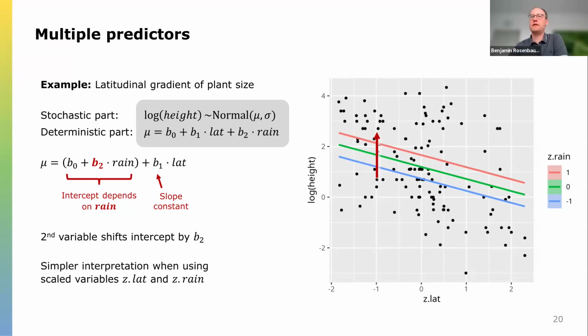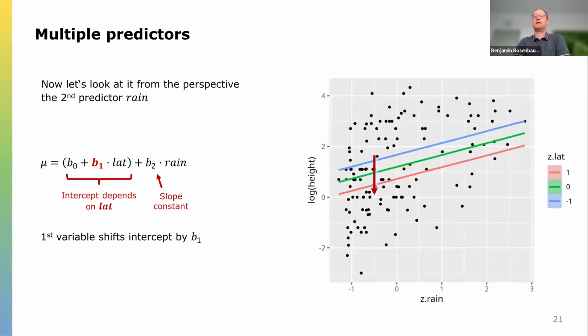You can also plot it the other way around. Here we have regression lines against rainfall for different levels of latitude, and you can rearrange the terms again such that here only rain is the variable, and for different values of latitude you get different intercepts here.